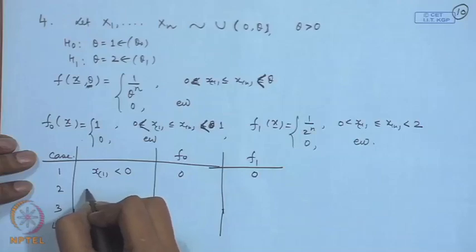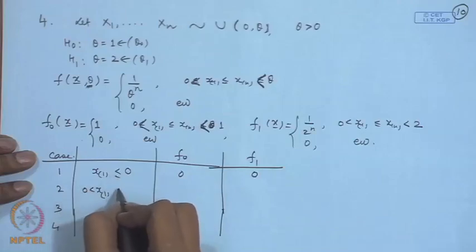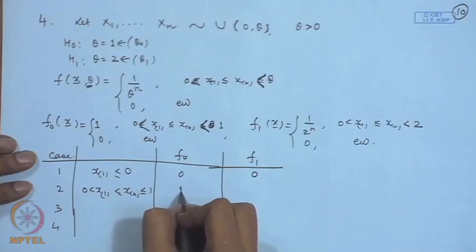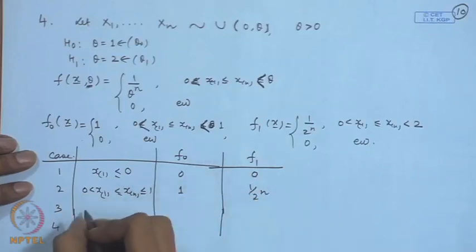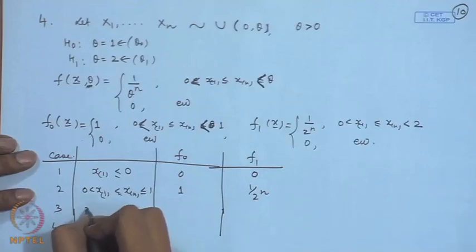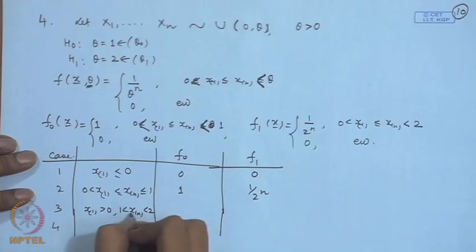If we consider the case 0 less than x 1 and x n less than or equal to 1, in this case, the first density is 1 and the second density is 1 by 2 to the power n. Then we may have x 1 of course greater than 0, but x n is beyond 1.